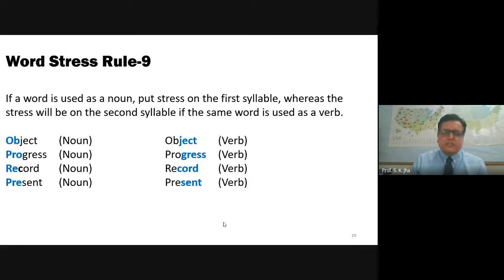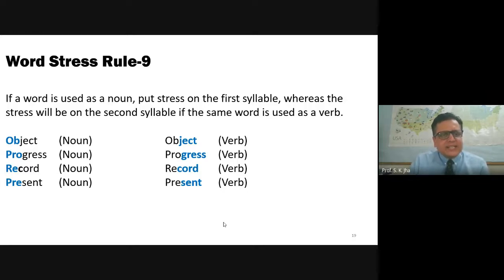Again, it's very interesting. You see here, first we are using these words as nouns, object. So how will you pronounce it? You will pronounce it as OBject. You have to give stress on ob.